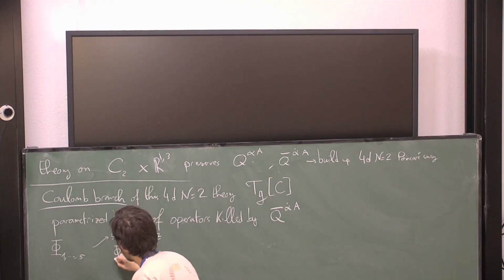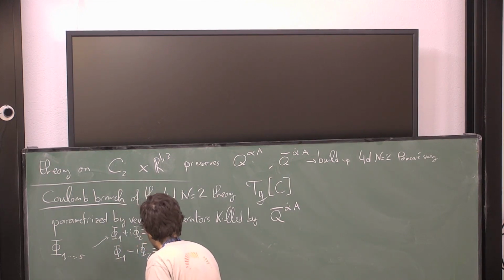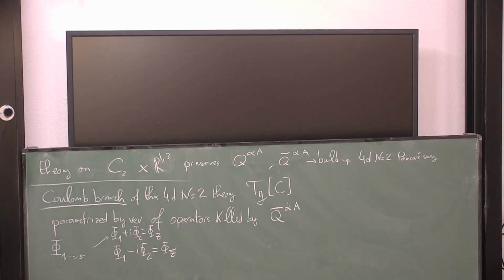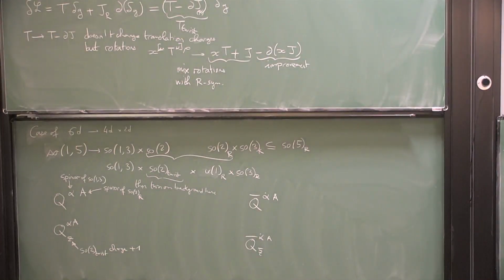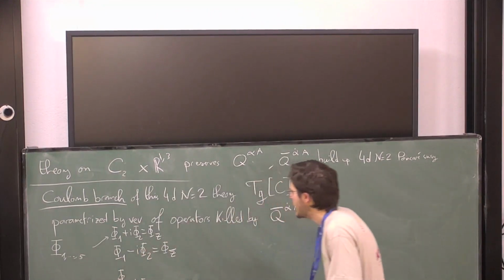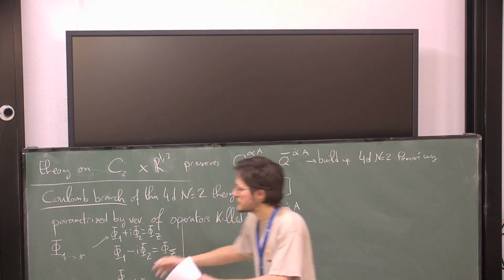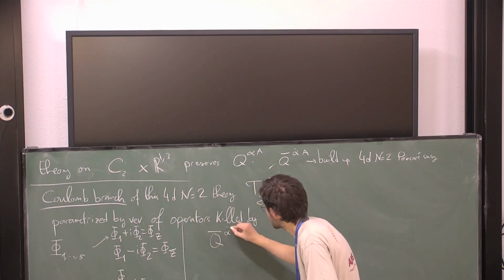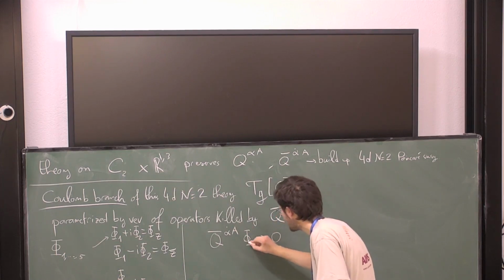Phi 1 plus and minus i phi 2 have charge under the SO(2), so they end up being charged under the rotation symmetry. So they're not scalars in the twisted version of the theory. And then you have 3, 4, 5. What happens is, if you look at representation theory, this is just how the supercharges act on phi, you discover that Q-bar alpha-dot A acting on phi_z vanishes.